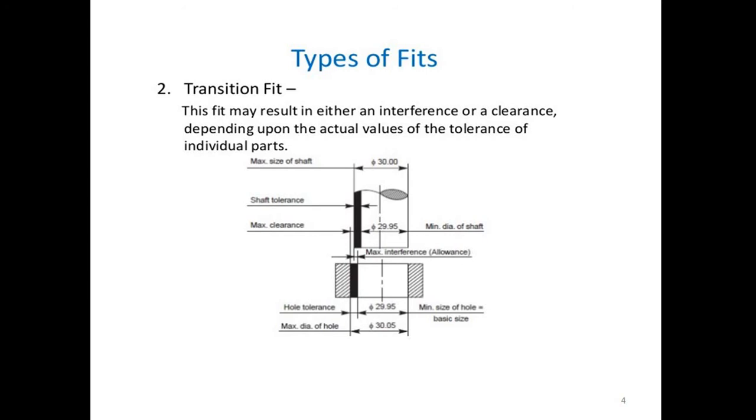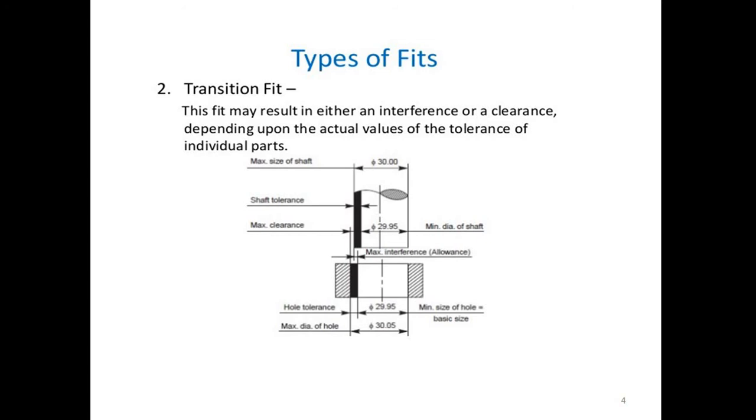When we consider diameter 29.95 of the shaft and diameter 30.05 of the hole, the diameter of the shaft is less than the diameter of the hole, so automatically a clearance fit takes place.